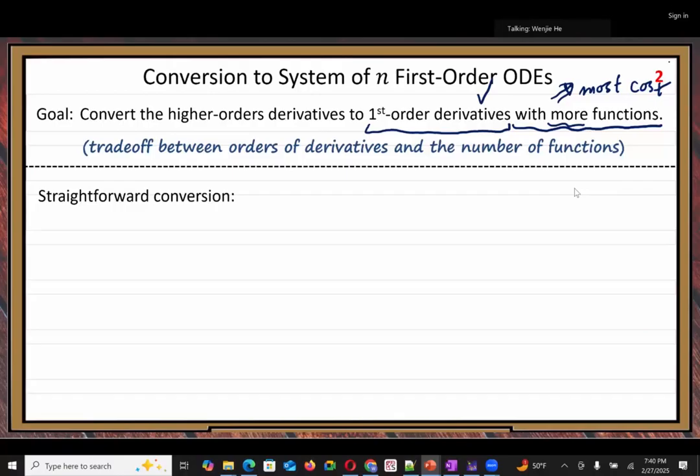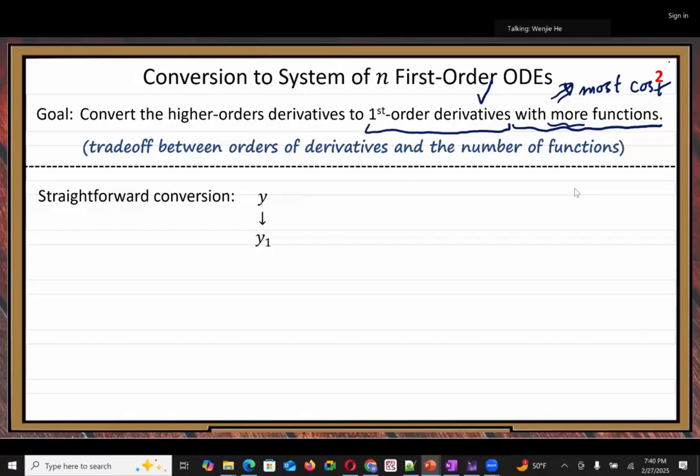Straightforward conversion. Now we are ready to do the conversion. The conversion is very simple. We replace the original y function by a new function we call y1, with subscript 1.